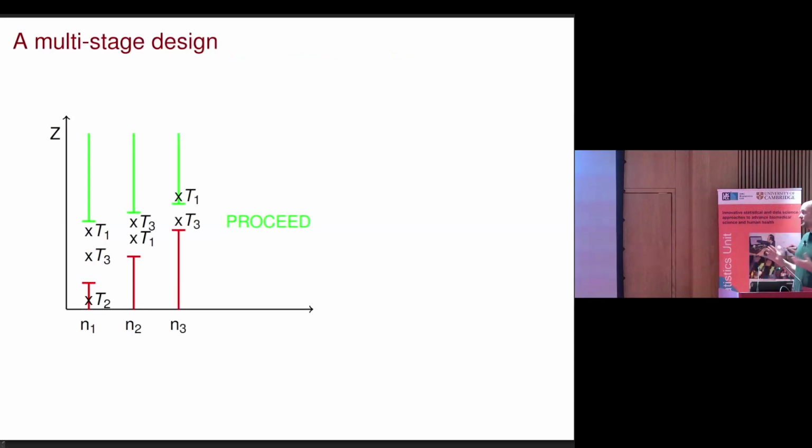And then, the third time, I find that treatment 1 is actually better than my comparator, than my control, and so I can go on, do whatever it is I want to do. And the next step, depending on what the treatments are, I might stop at this point, or I might continue just with treatment 3. Again, this will depend on the context of your study.